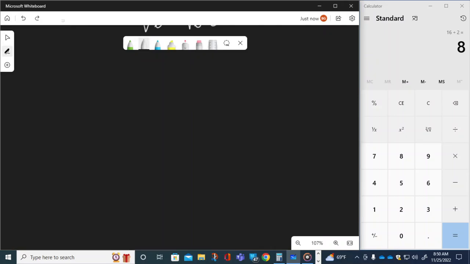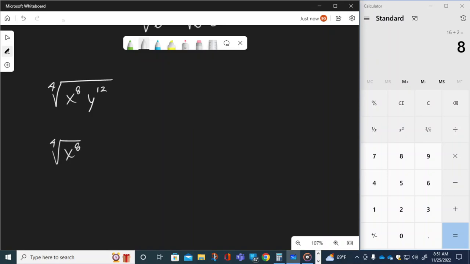Okay, now you've got the 4th root of x to the power of 8 times y to the power of 12. So now you're going to take your first term, I'm going to go a little faster on this one.